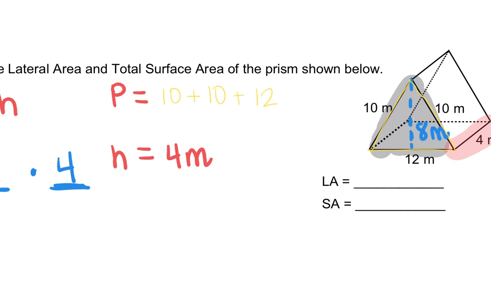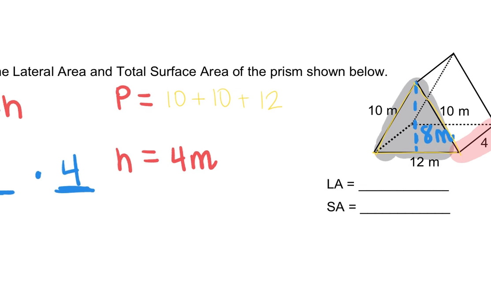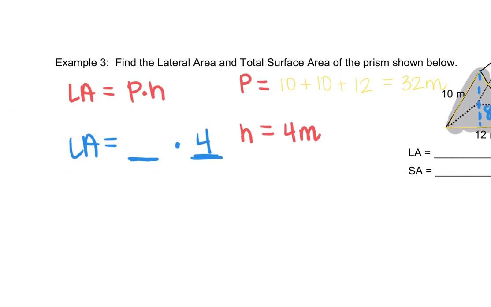All of the sides of the triangle, which is the base, are being added together to get that perimeter. So when I add all of this together, I get 32 meters. So I'll write 32 here. All right, I use my calculator and I multiply 32 times 4, and I get an answer of 128 meters. Don't forget your squared.